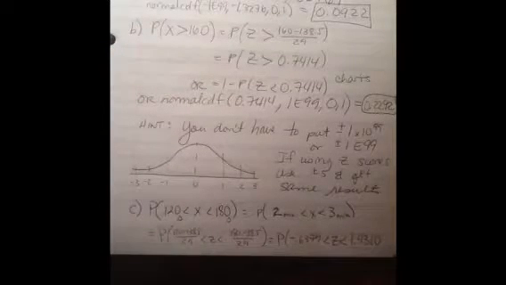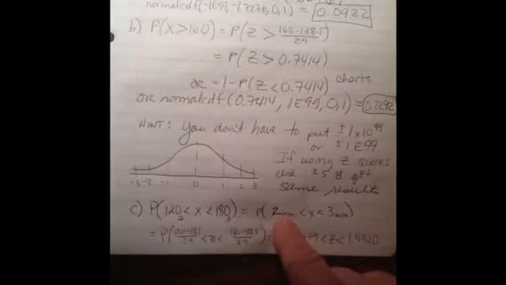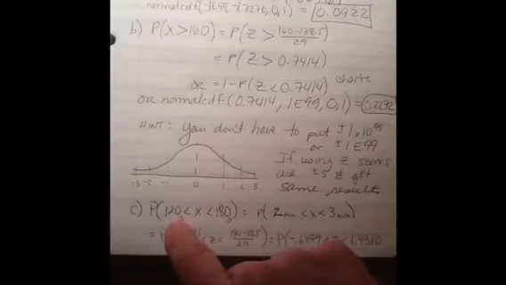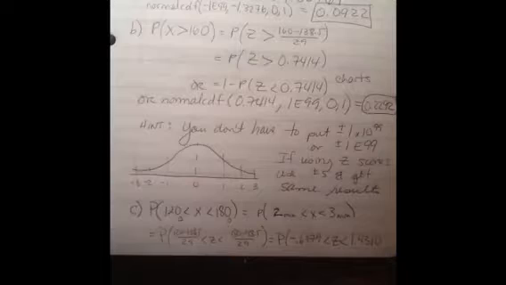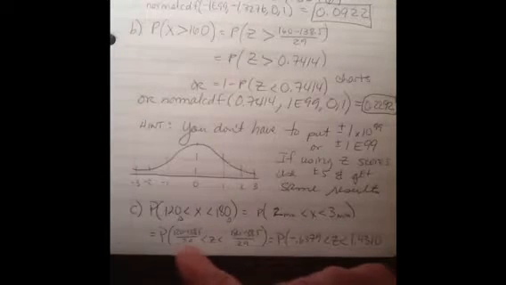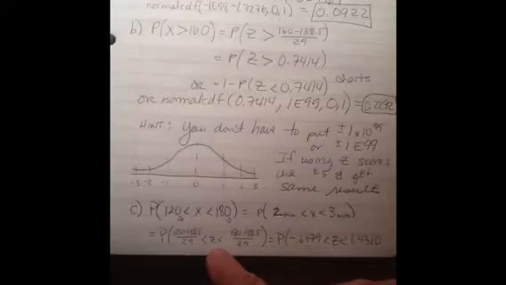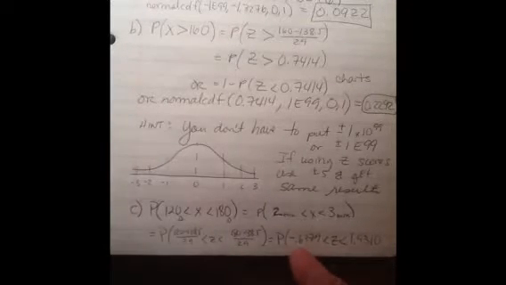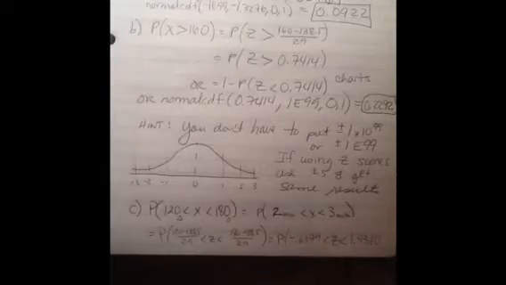Now, part C says, what is the probability that a car spends between 2 and 3 minutes in Wendy's drive-thru? Every piece of our data is in seconds, so we took 2 minutes and 3 minutes and converted them to 120 seconds and 180 seconds. Now I found my z-scores, just to get into the habit of remembering my z-score formula, and I want the probability between these two z-values.